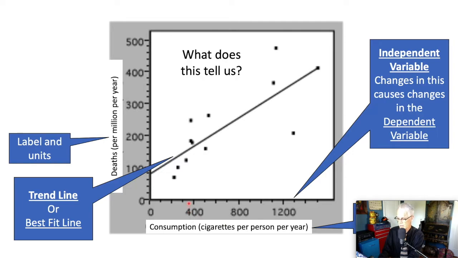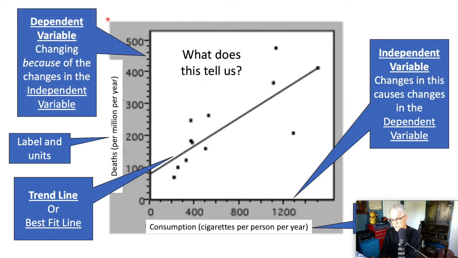In this case, that's consumption of cigarettes per person per year. Changes in this one cause the changes in the dependent variable, which is now on the vertical axis. This is changing because of the changes in the independent variable.